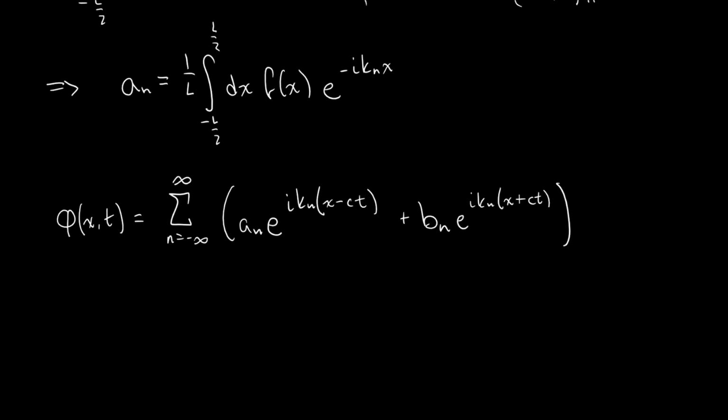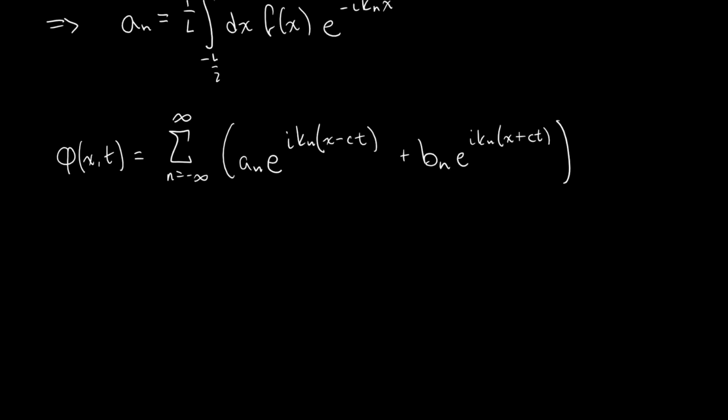And so here you can see that already we can write this as some f of (x minus ct) plus g of (x plus ct). I think I had it backwards with f and g before, but regardless, you see we're all the way back where we started.